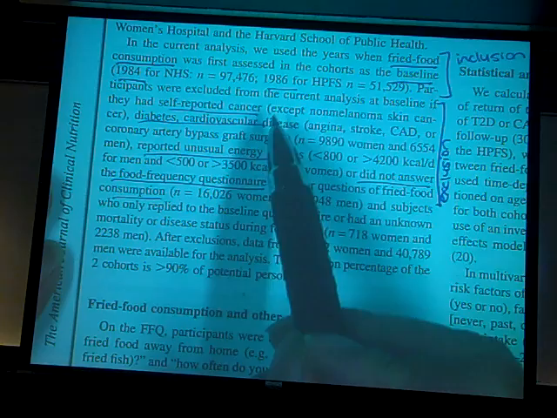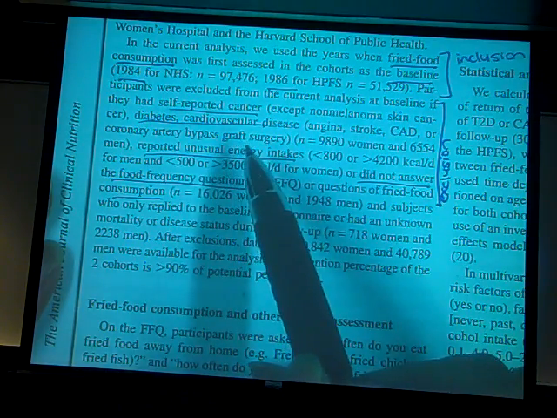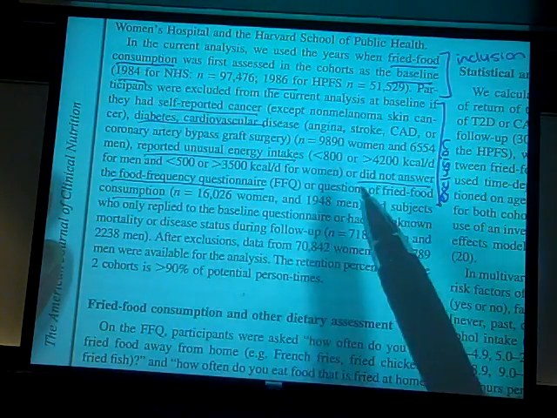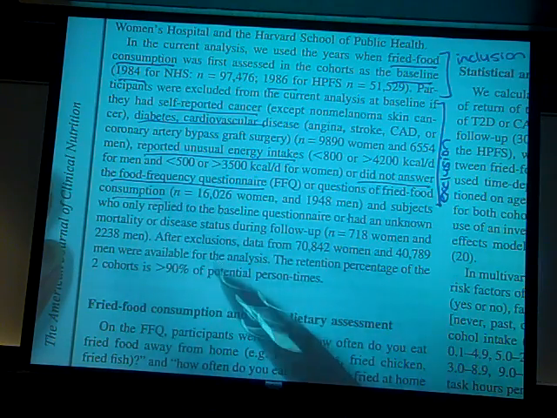They excluded individuals who had particular diseases at the beginning of the study, or when they started collecting fried food information. They excluded people who had reported unusual energy intake.